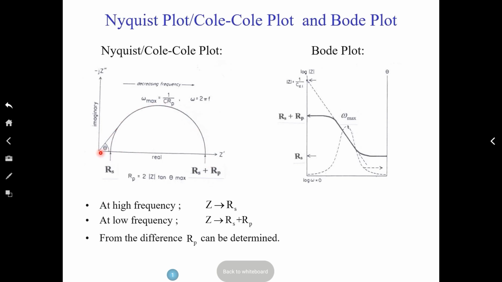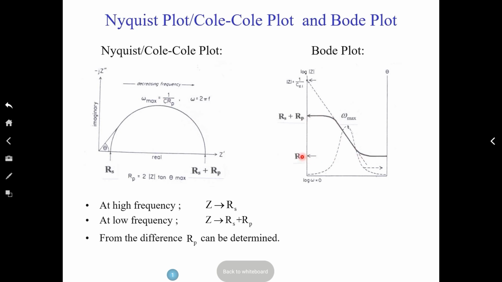So now you can figure out what the RS value will be, what the RP will be, which is R. And from the peak frequency, we get the C double layer capacitance. We should get all three numbers in that circuit. If you look at the Bode plot data, the Bode plot will give you a plateau, an inclined line, and another plateau.